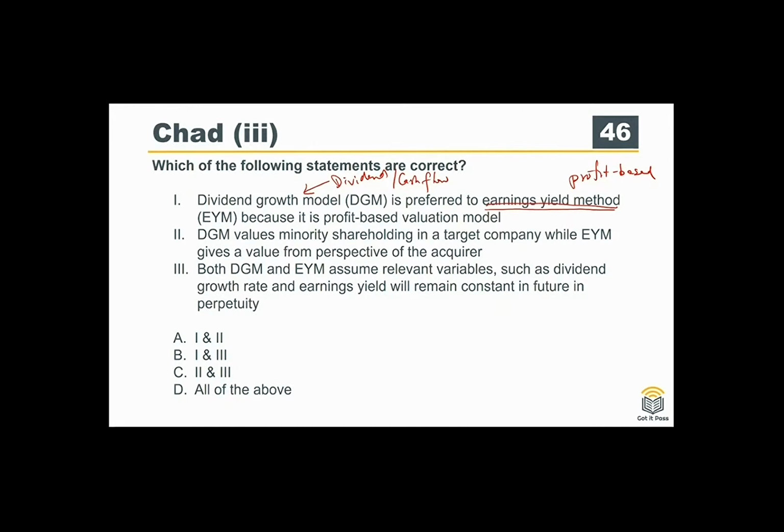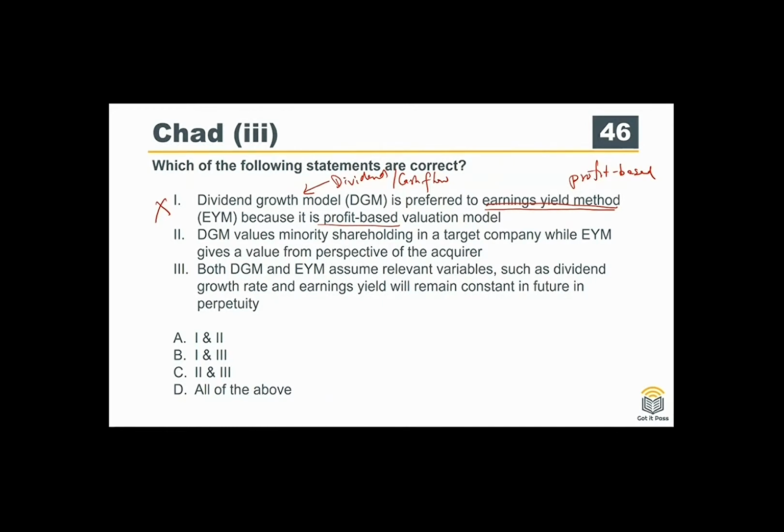So the statement is not correct, because here it should be the earnings yield model instead of the dividend growth model. The next statement: DGM values a minority shareholding in a target company, while the earnings yield method gives a value from the perspective of the acquirer.